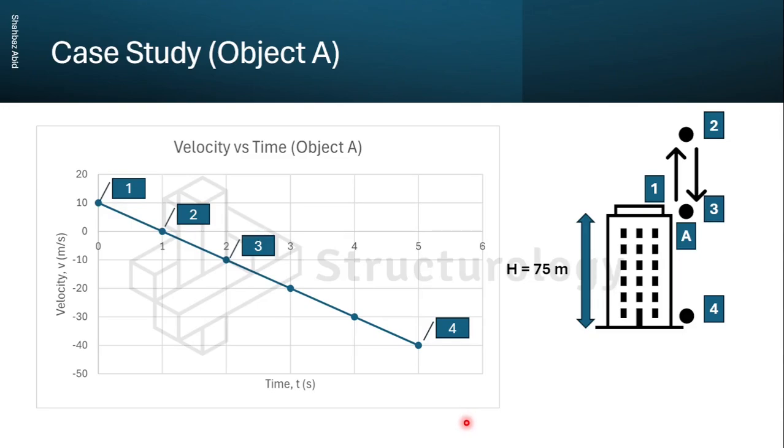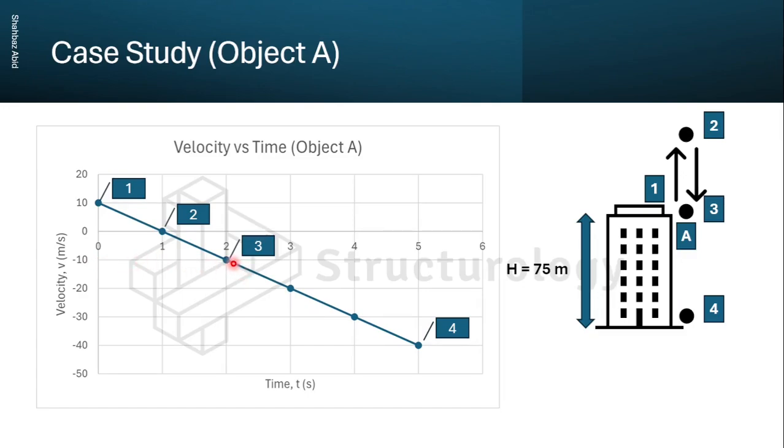Now we can see the variation of velocity with respect to time. Initially the object was thrown upward with a velocity of 10 meters per second. After 1 second the velocity became 0 because it is now at the highest point. At time equals 2 seconds it has come back to the starting point, and the velocity is negative 10 meters per second.